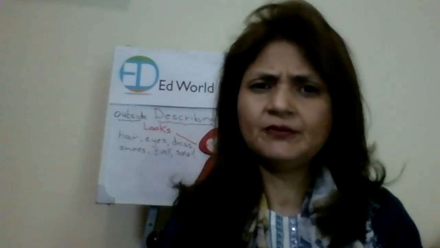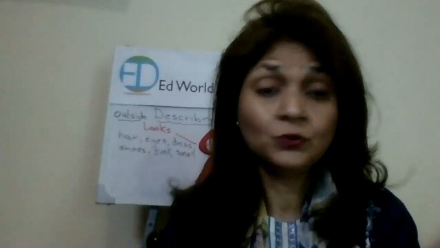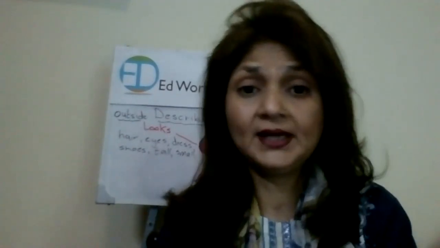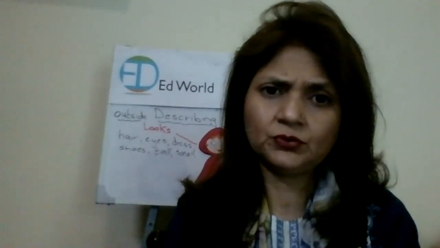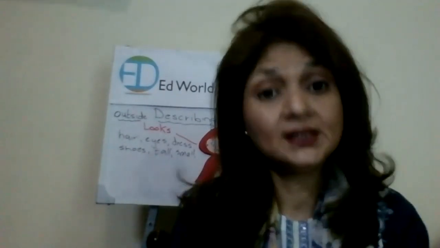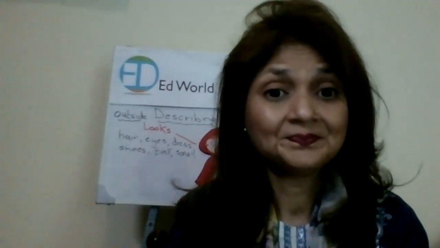Now tell me, class, have you ever heard the story of Little Red Riding Hood? Who has? Oh, great, Amir, you have heard that story. Now, what's that story about? It's about a little girl, a little Red Riding Hood. Now, what did she do?